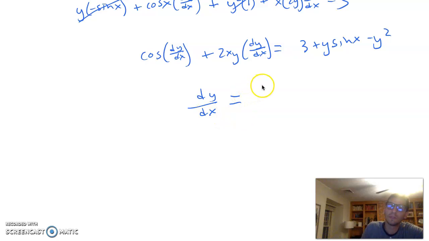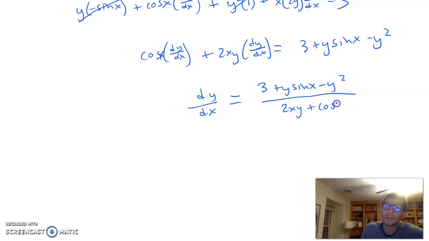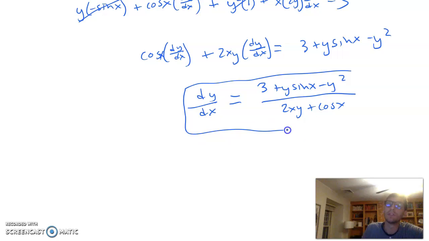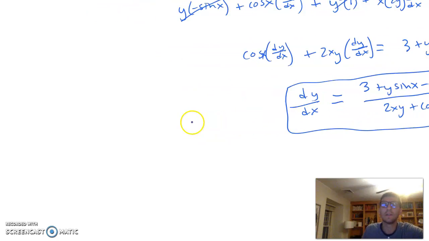I guess we could just 3 plus y sine of x, we'll leave it like it is. All over. I lost my x here, sorry about that. 2xy plus cos x. And that does match the answer key, so that's a good sign.